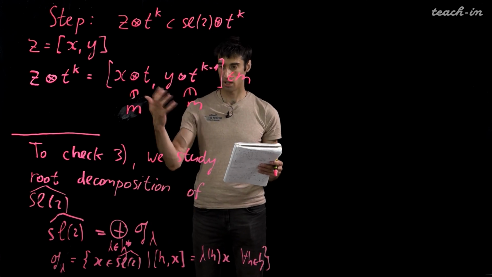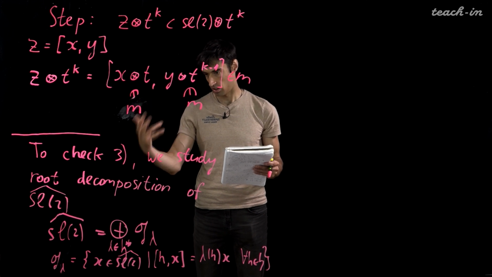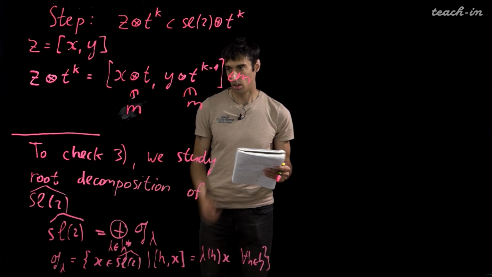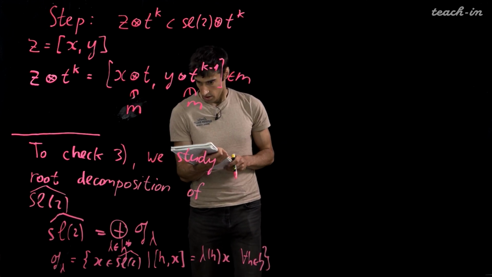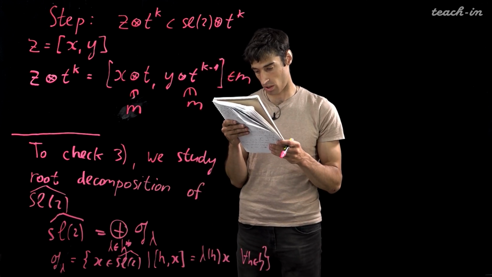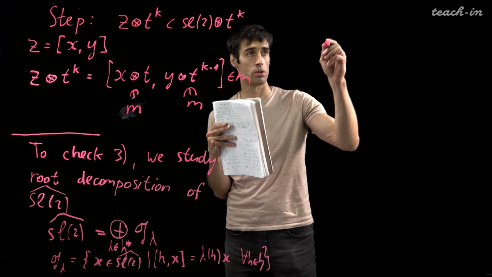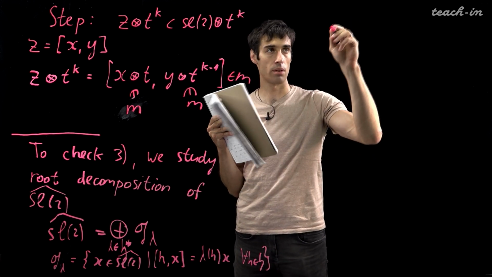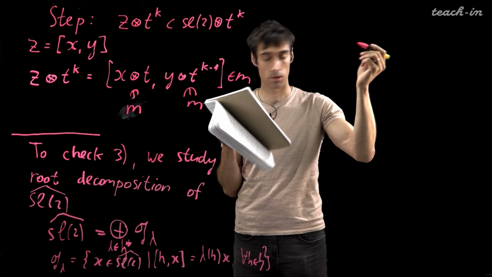And it will coincide with the root decomposition of this as a Kac-Moody Lie algebra. Okay, so let me introduce one more element of H star. We already had alpha 0, alpha 1.